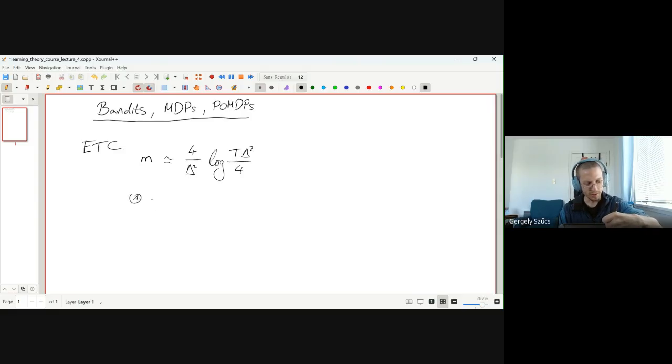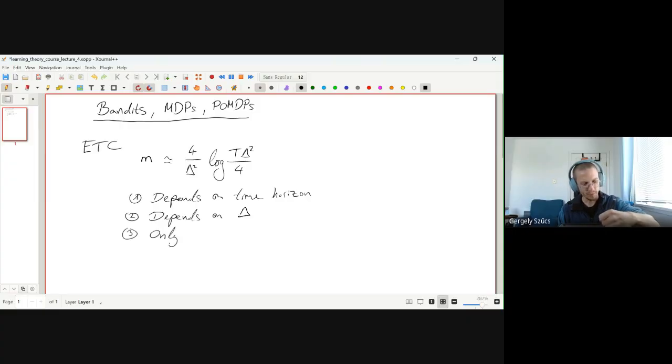One issue was that it's not anytime, so it depends on the time horizon. Another, maybe bigger, issue was that it depends on the suboptimality gap delta. Another thing was that we only really did this analysis for 2 arms.